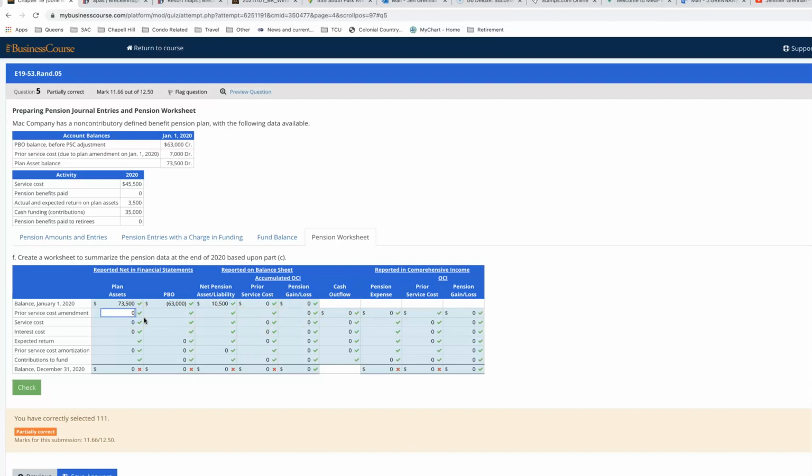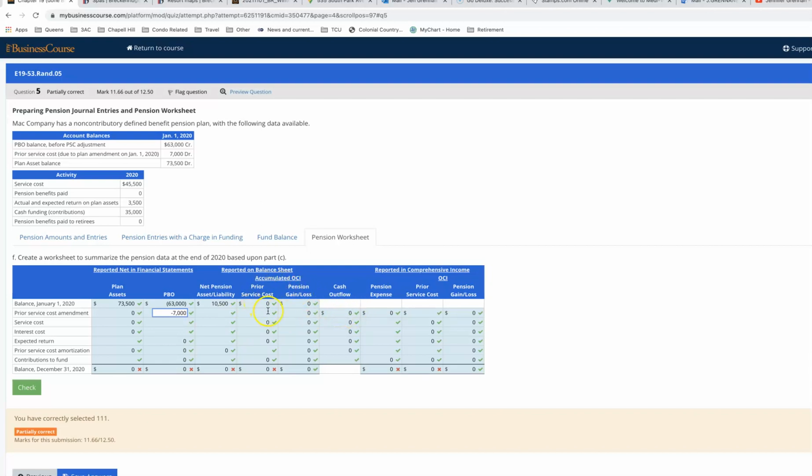So first let's start with that prior service cost adjustment. Remember, this is where we've made a change to our documents. It's retroactive, so we've got to catch up the liability. So I'm catching up the liability by increasing it. And when I do that, remember, FASB says, hey, you know what? You don't have to put that all into pension expense right now.